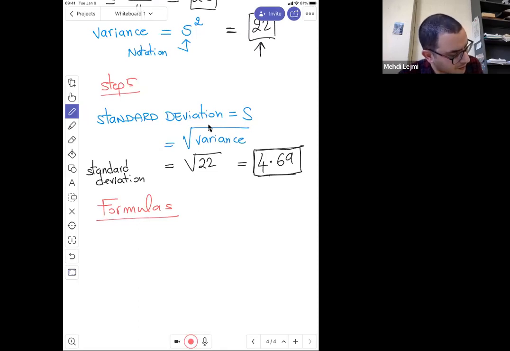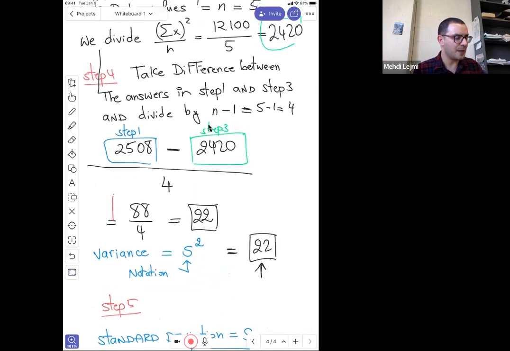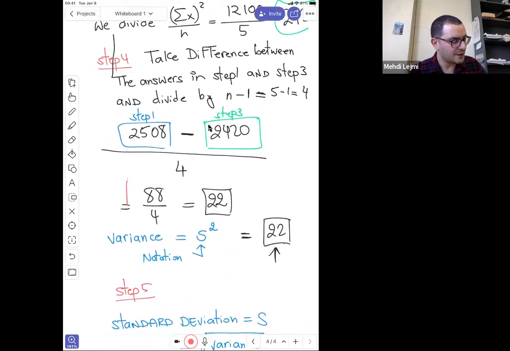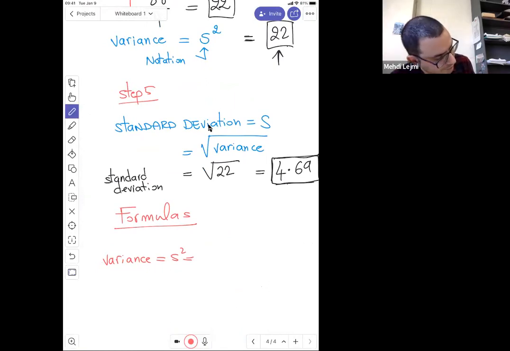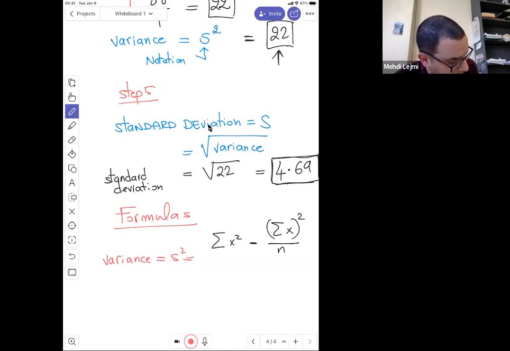For the variance, the S squared, the formula I tried to explain with these 4 steps is the sum of your x squared, the sum of the squares of the data values, minus the square of the sum divided by n, and then we divide the whole thing by n minus 1.